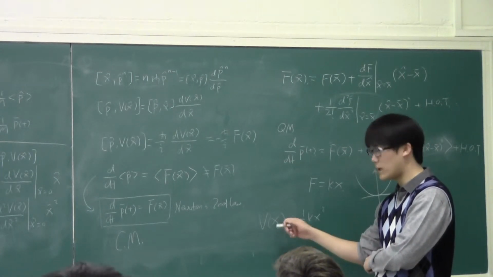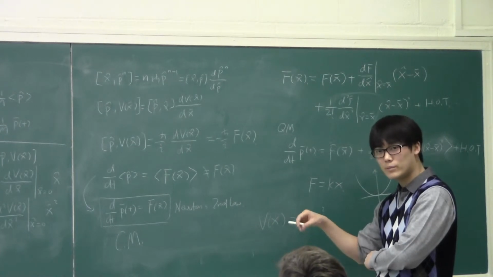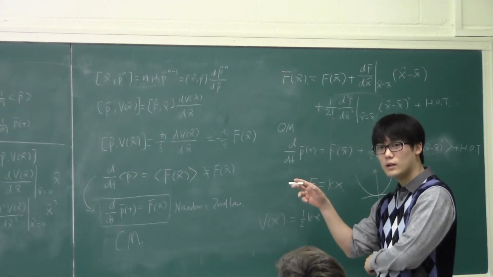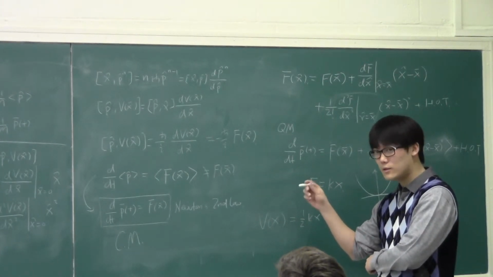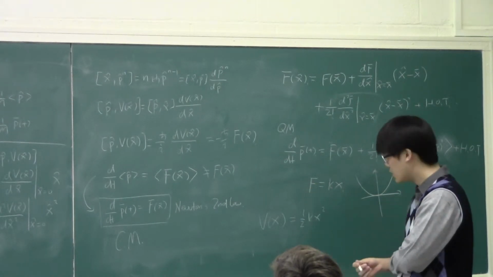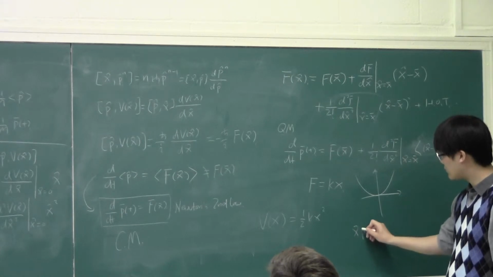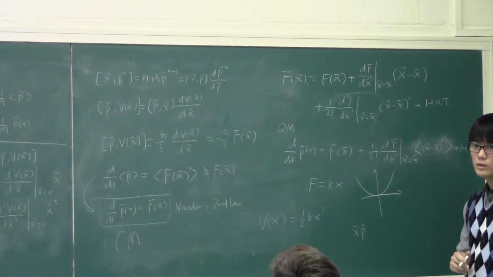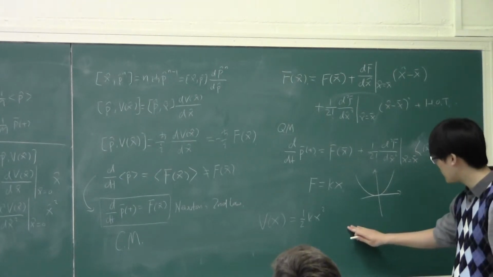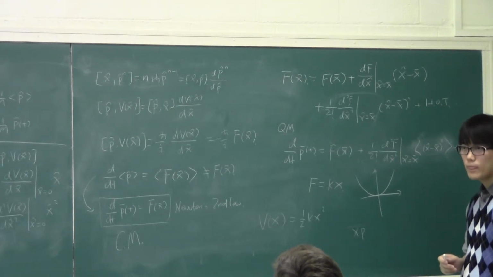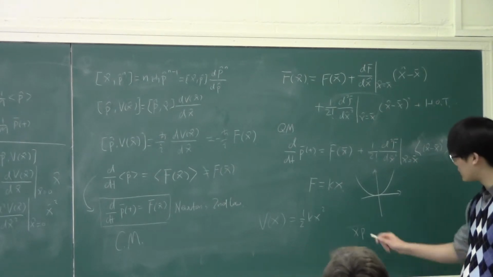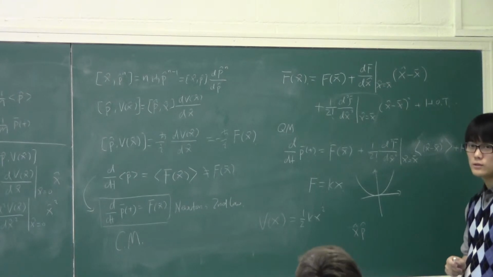You replace x by x hat. You replace p by p hat. Okay, and these things are Hermitian, so no problem. But sometimes you get things like maybe you have some operator that looks like xp. You can certainly promote this to quantum mechanics by saying, all right, let's just do this.